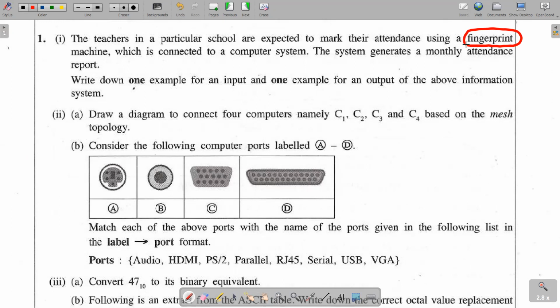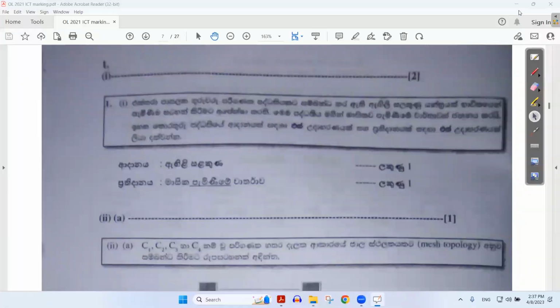Then the system generates a monthly attendance report, so the monthly attendance report can be considered as the output which generates from that system. For saying fingerprint is an input, and for saying monthly attendance report is an output, 1 mark will be given separately. 1 mark for input and 1 mark for output.